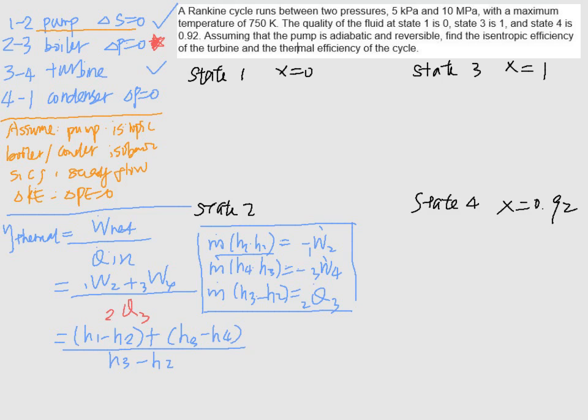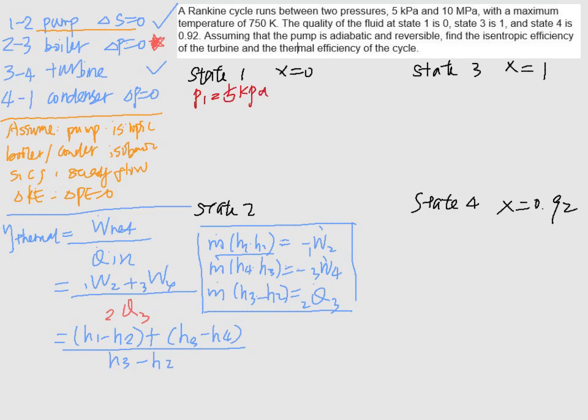So now let's start with the fun part, finding the H's. Let's look at state 1 first. We know at state 1, P1 is 5 kilopascal and X is equal to 0.